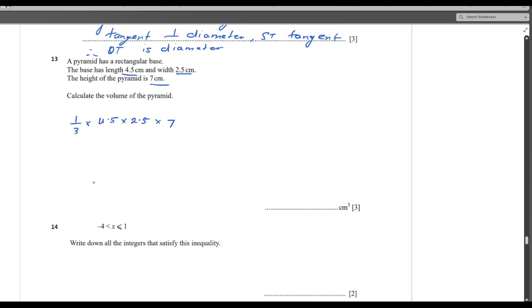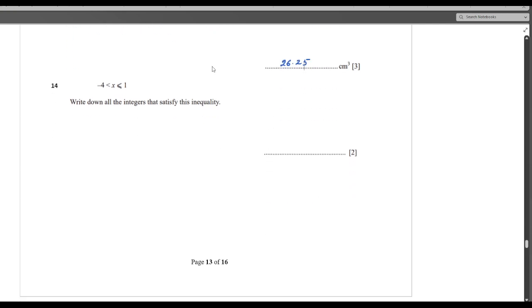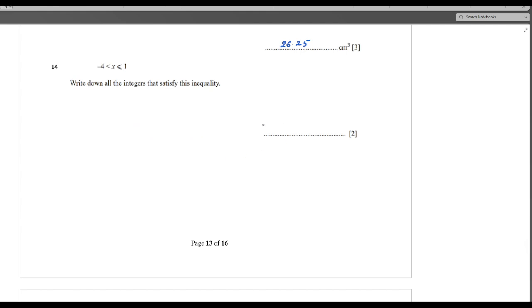So I will get the result as 4.5 times 2.5 times 7 all divided by 3. So the result is 26.25 centimeter cubed. Write down all the integers that satisfy greater than -4: it is -3, -2, -1, 0 and 1.